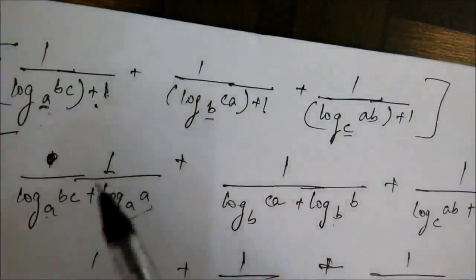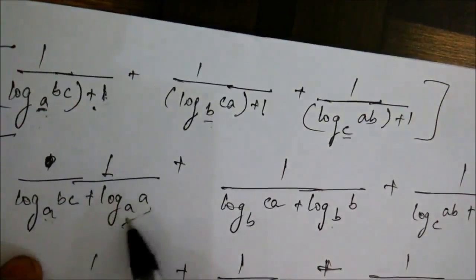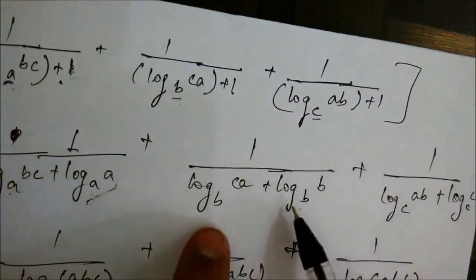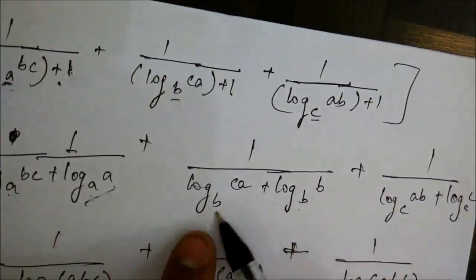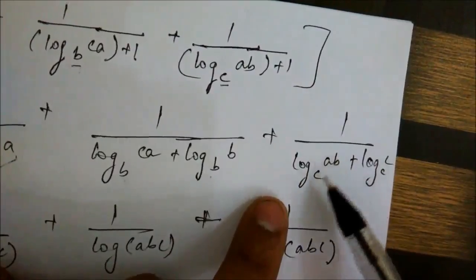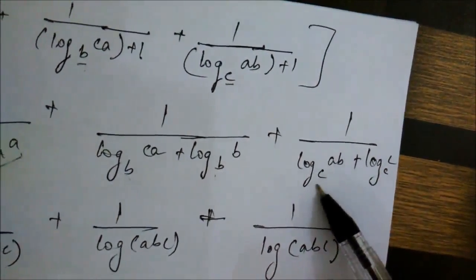So I've rewritten the above equation as log bc to the base a plus log a to the base a, since we have got a as the base here. Similarly, for the second part, log ca to the base b plus log b to the base b, since we have got base b here. And for the third part, log ab to the base c plus log c to the base c, since we have got c as a base here.